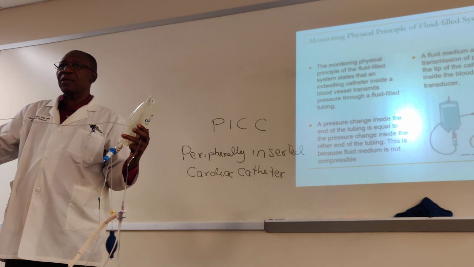If you're doing a CVP line, you put it inside a vein, and then it sticks out on the other end, so you hook this up to it, and then this portion here connects to the monitor, the oscilloscope, the bedside monitor. And then the transducer will transmit the signal that it is sensing inside the blood vessel up here, okay? And then this causes it to display on the monitor, okay?